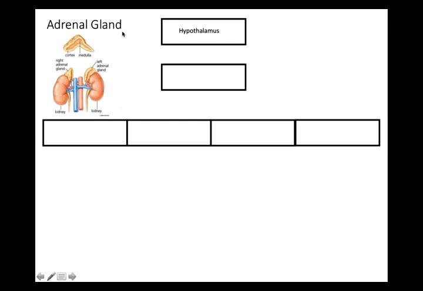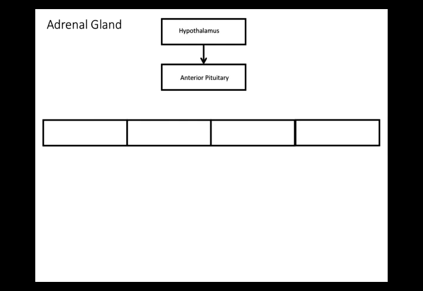So the adrenal gland has some direct ties to the hypothalamus, where the hypothalamus will send a signal to the anterior pituitary. The signal itself is a releasing hormone that will tell the anterior pituitary that it should start producing adrenocorticotropic hormone, so that ACTH that we've talked about a little bit.